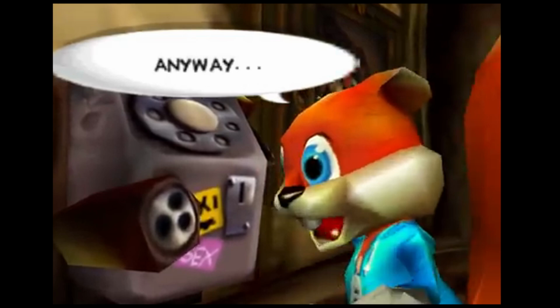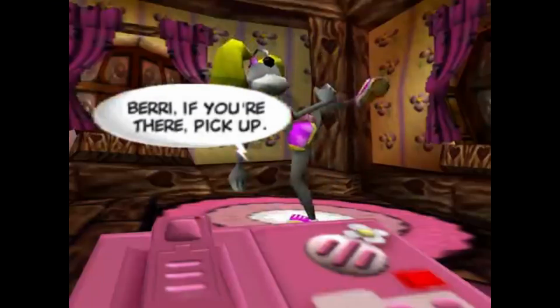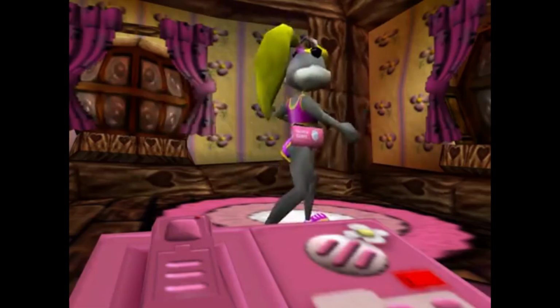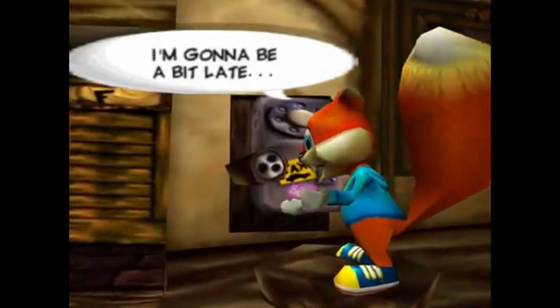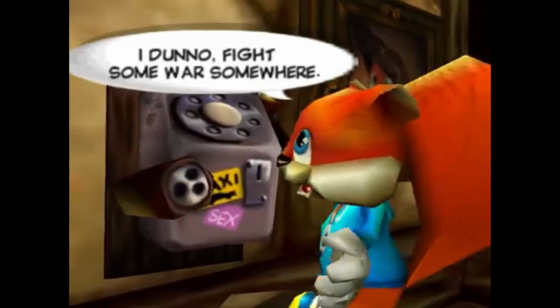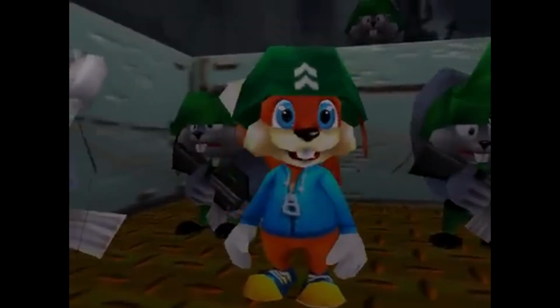I think this is interesting because we could assume from what Barry's saying that Conker has had many experiences of this kind, that Conker has stayed out late at the bar many times. So this isn't the first time that Conker is having a bad day in terms of a bad hangover or something. I don't think that's all that the game is referencing when it says that this is a bad day. It's a bad day for other reasons.